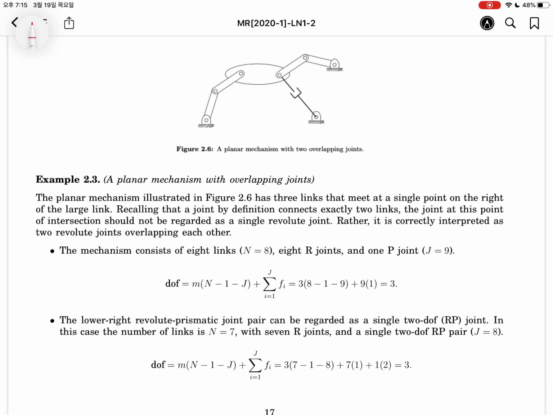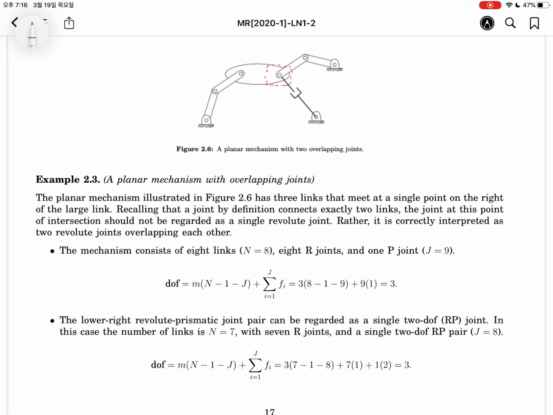This example is about overlapping joints. Everything's the same, but let's think about this joint. Actually, a joint connects 2 rigid bodies, like the other joints, but this joint has 3 rigid bodies.